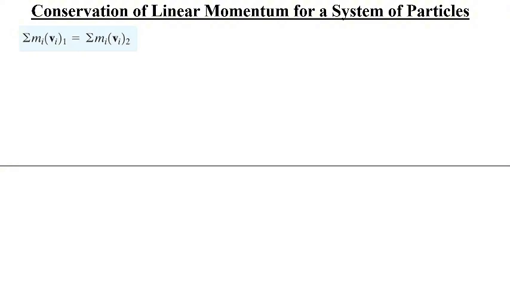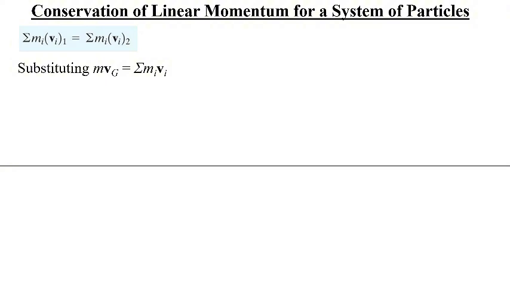That is, all the external forces do not produce any impulse. So this equation is referred to as the conservation of linear momentum, which states that the linear momentum for a system of particles remains constant during the time t1 to t2.